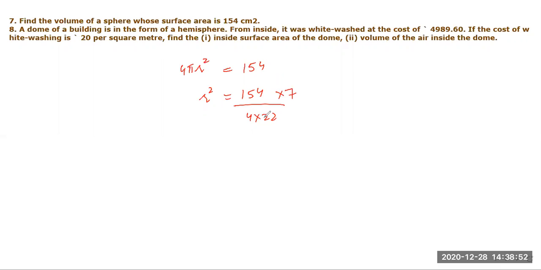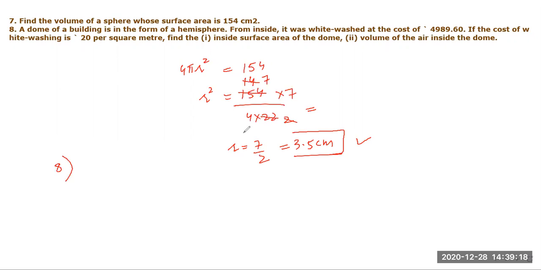Simple. 11 twos are 22, 11 fourteens are 154. So r is equal to 7 by 2, that is equal to 3.5 centimeters. Pranav, you have done it. I'm so happy. Now we go with the grace of God.